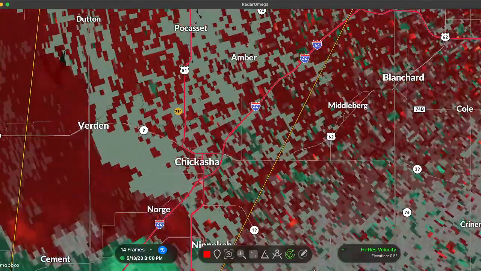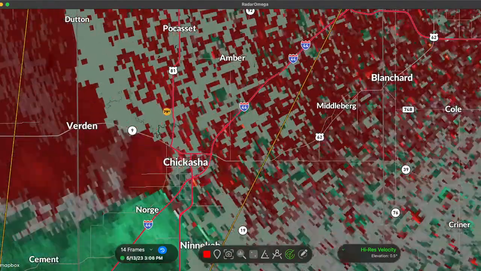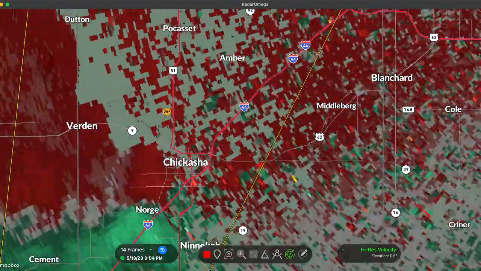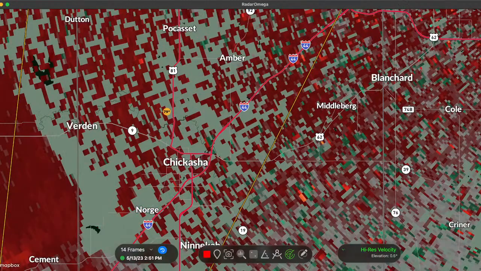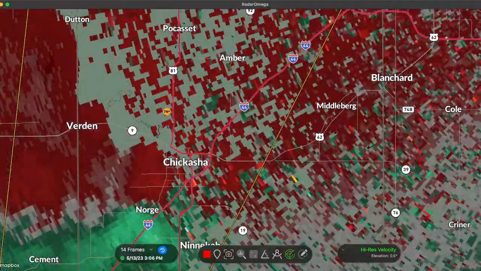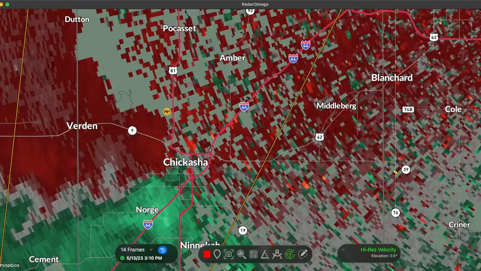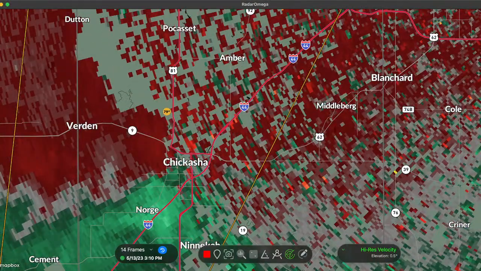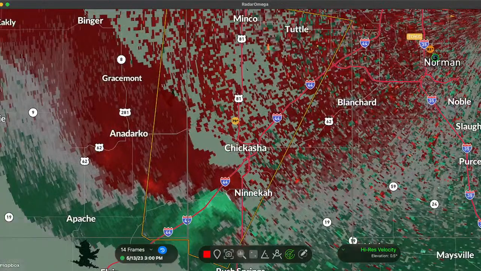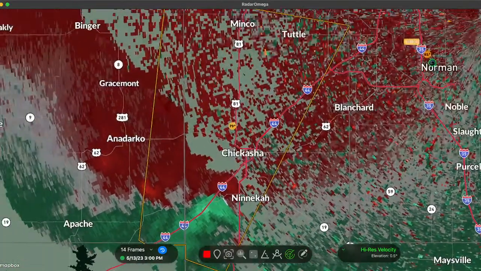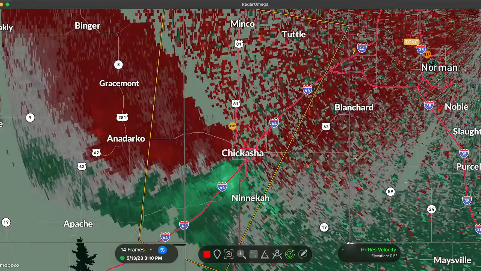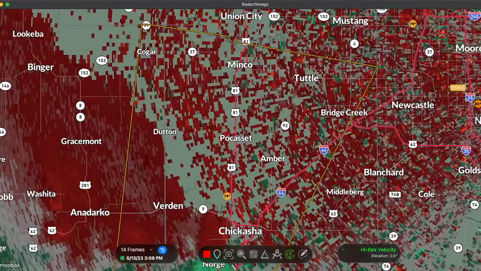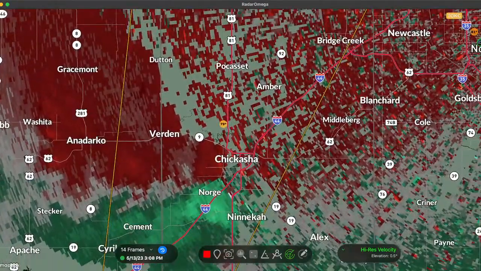Verdon has that high school that's underground. Actually, it's built into a hill. So if you're a kid going to school in Verdon, Oklahoma, and there's a tornado warning, guess what? You still have to do your work. Oh, man. I went to a little bit of elementary school in Anadarko, Oklahoma, so I know this area very, very well.